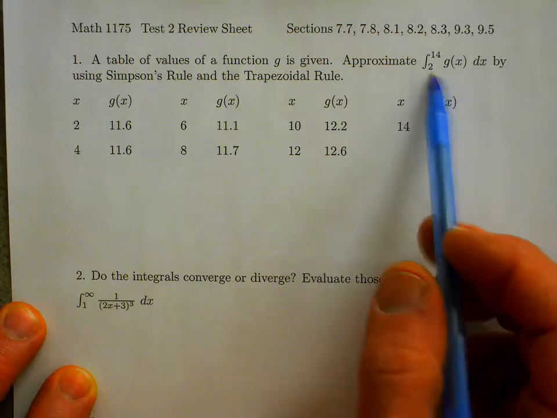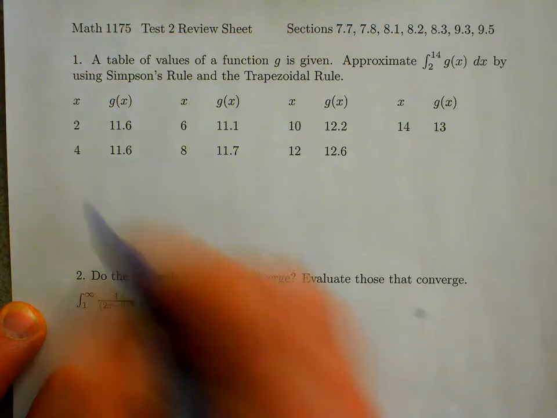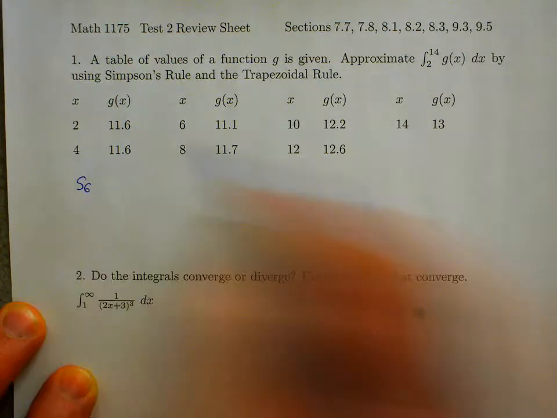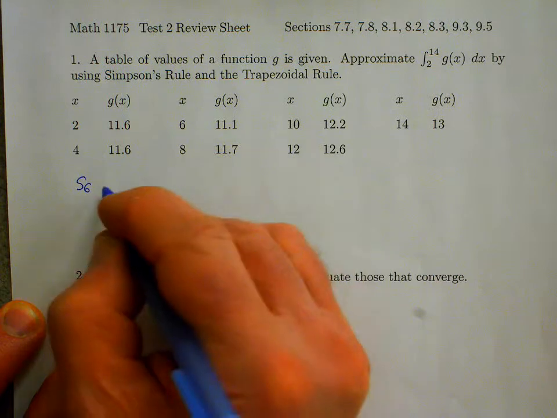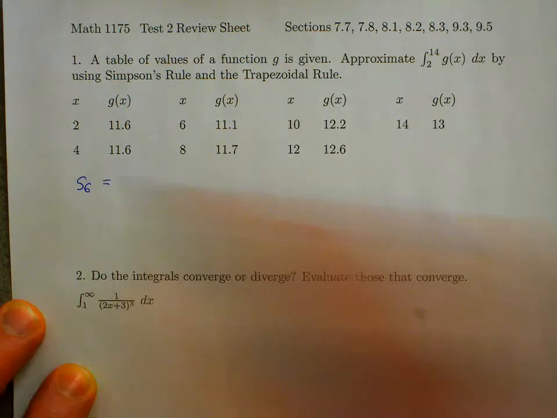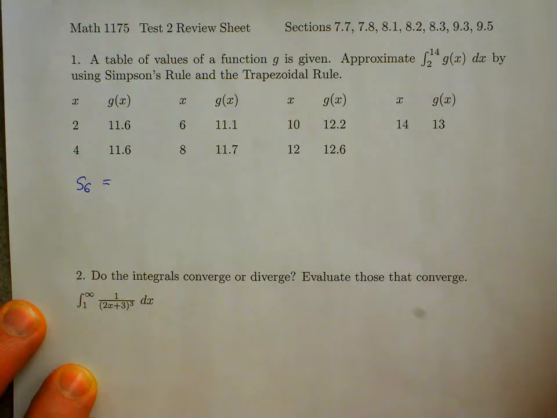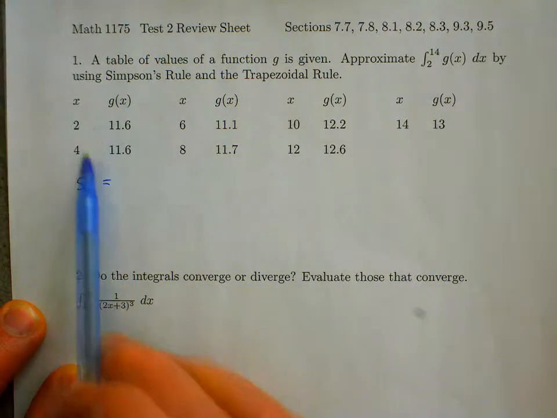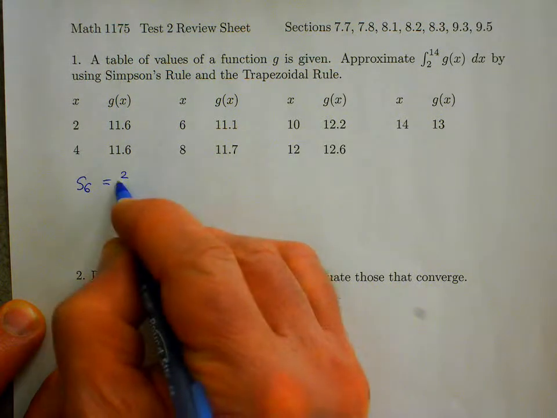and since we have 6 intervals, the Simpson's approximation S sub 6 is delta x over 3, so delta x is 2, that's the length of each subinterval, so 2/3.